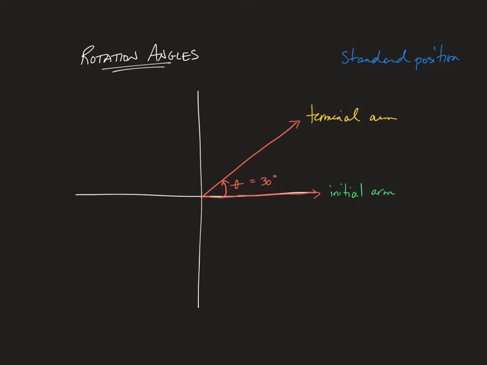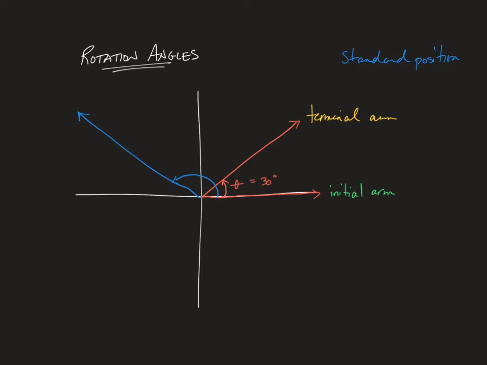Now, that also means that I can create any angle that I like by rotating my terminal arm. Perhaps at the very beginning, I'm lying in standard position, and I then chose to rotate my terminal arm to that position. Well, I can tell that I rotated greater than 90 degrees because I got into the second quadrant.